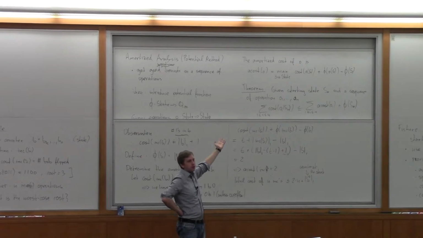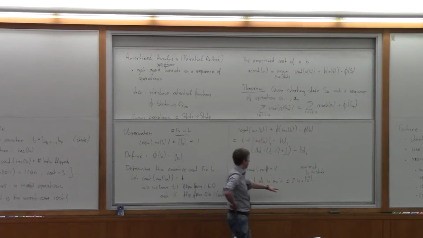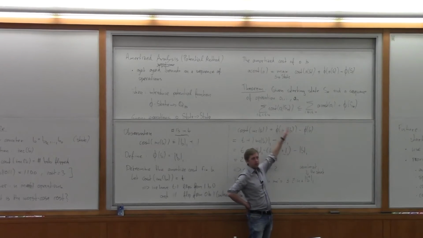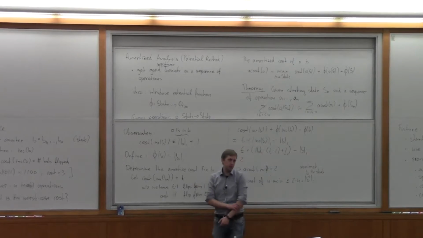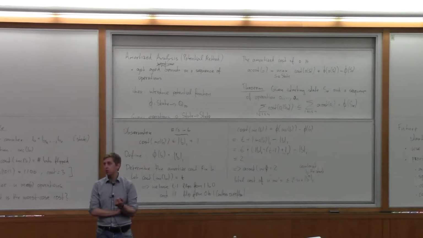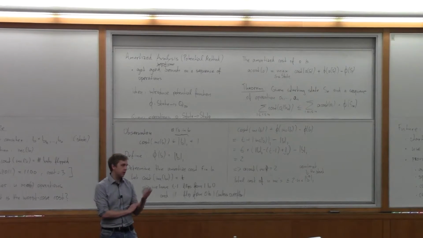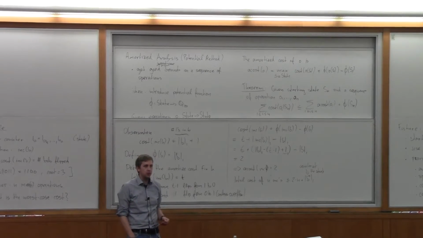If you have a bad potential function, then it does not help you in the analysis. If we said our potential is the number of zeros in the bit string, then we wouldn't get our nice bound here, because the amortized cost would not be constant, but probably linear in this case. So you have to be clever with picking the right potential function. Otherwise, you don't get a good bound.